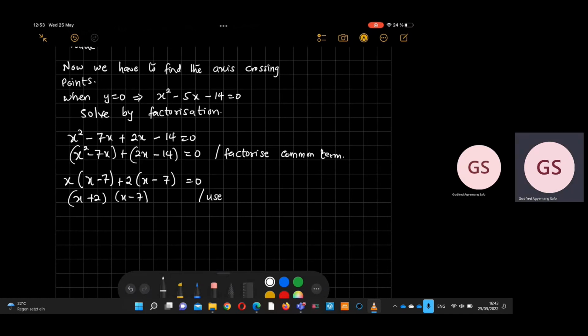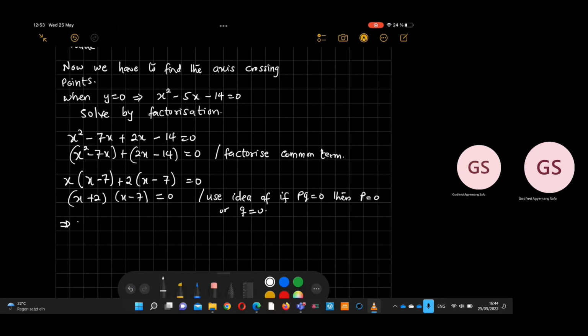And in this case, we can use the axiom of real numbers. When you multiply two real numbers, p and q, and the answer is 0, then either p is 0 or q is 0. So here we are multiplying two real numbers, x plus 2 and x minus 7. And the answer is 0. So it means x plus 2 is 0 or x minus 7 is 0.